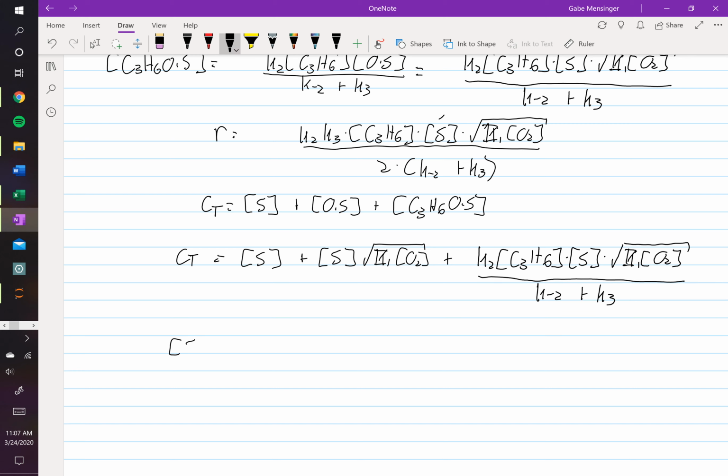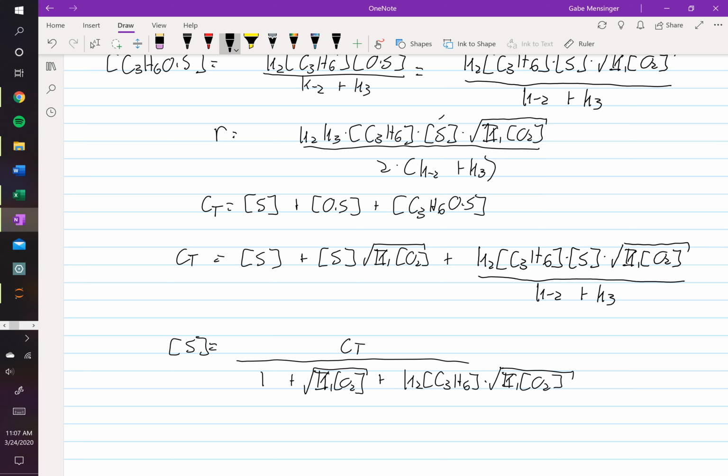We will get that the concentration of S is equal to CT over 1 plus K1 O2 plus K2 over K minus 2 plus K3.